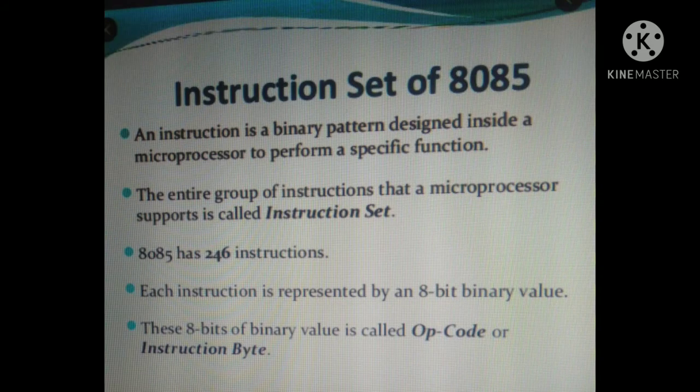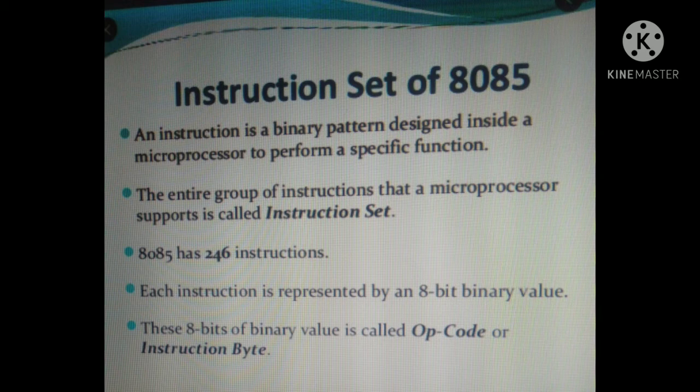Next, instruction set of 8085. First point, an instruction is a binary pattern designed inside a microprocessor to perform a specific function. Second point, the entire group of instructions that a microprocessor supports is called an instruction set. 8085 has 246 instructions.